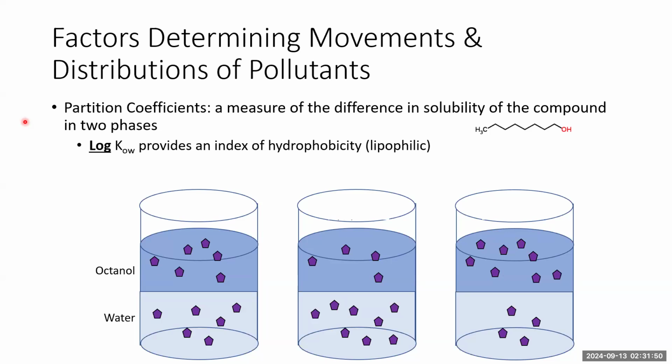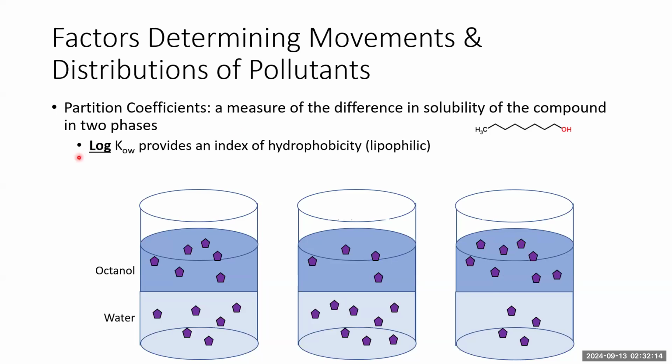One of the main partition coefficients that gets used a lot is this log KOW. So log KOW is going to provide some measurement, some indication of how hydrophobic or how lipophilic, because those two things mean the same thing, a particular substance might be.